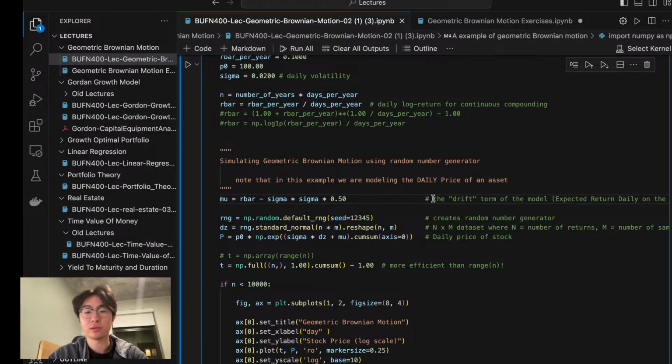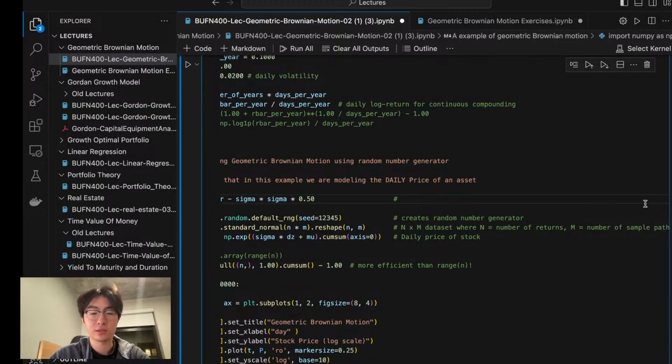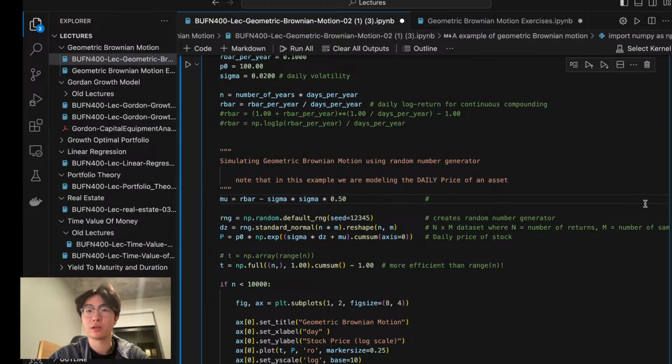Actually, ooh, this might not be. This should be the expected return. Call this the expectation of expected log return of geometric Brownian motion.